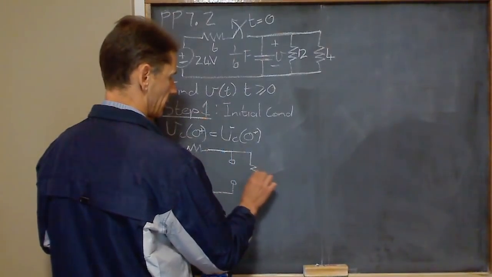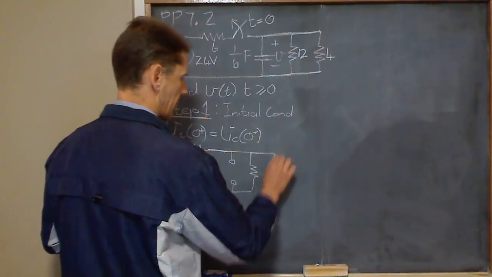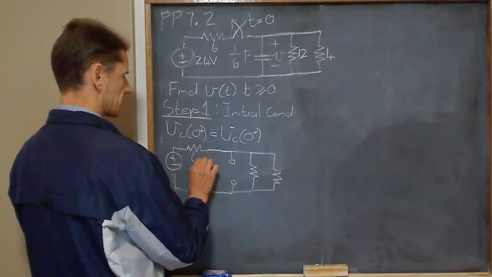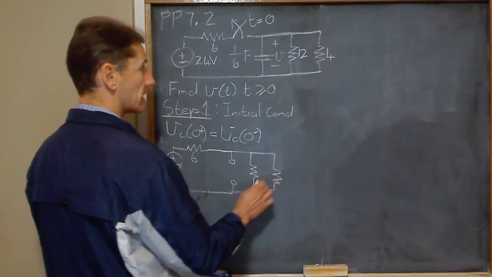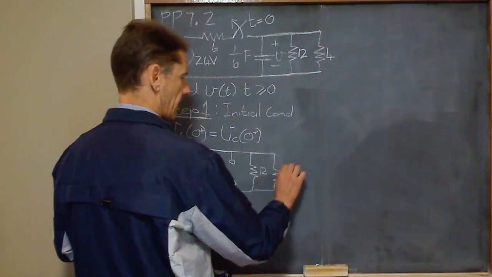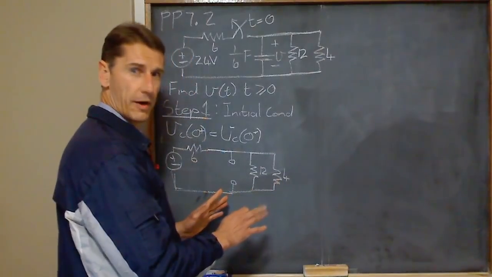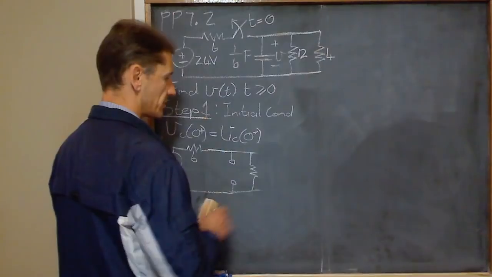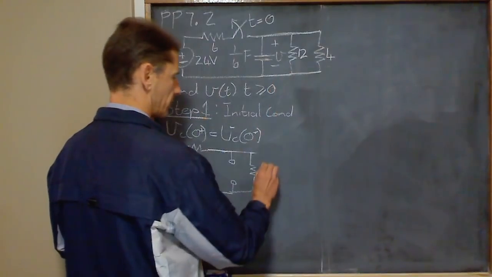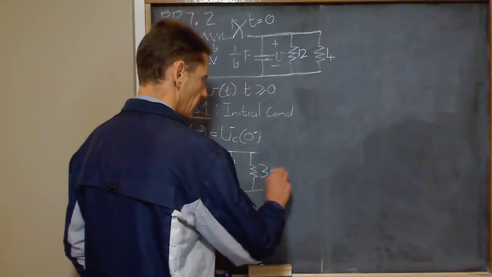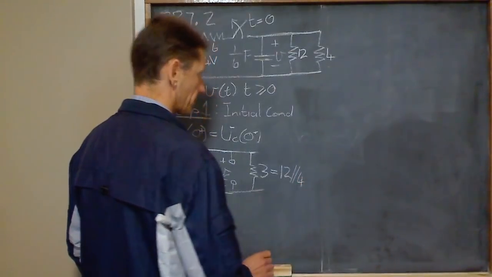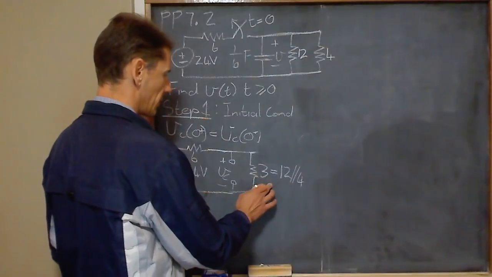Then we've got a resistor and another resistor. This one is 6. And now how are these two connected? The 12 and the 4, we can simplify that, right? Like we did in the previous one. So they're just in parallel. So 12 parallel with 4 gives me 3 ohms.